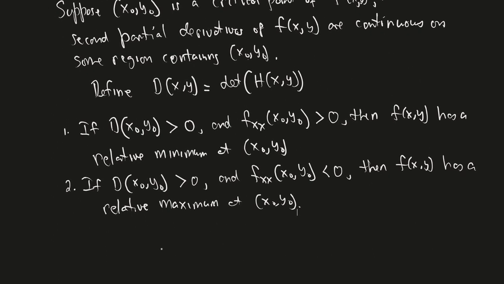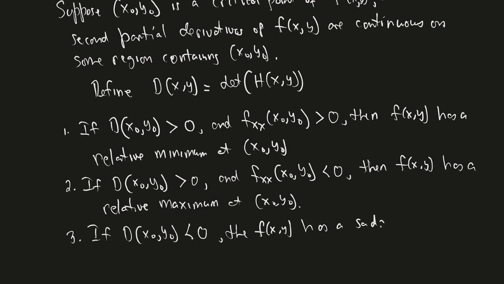The third possibility is if your D happens to be negative, right? And you don't even have to check the fxx in this third case, but if the determinant of the Hessian evaluated at that point is negative, then fxy has a saddle point.